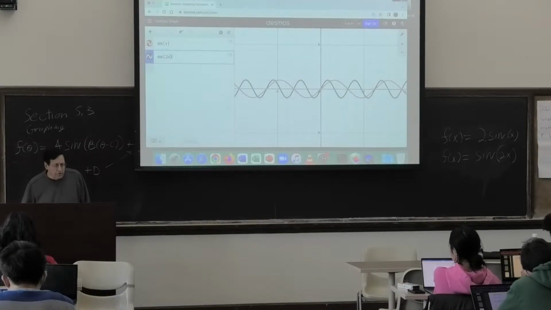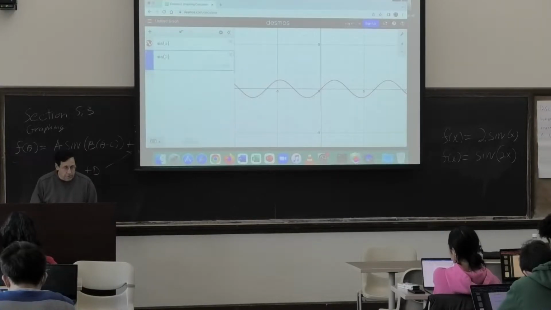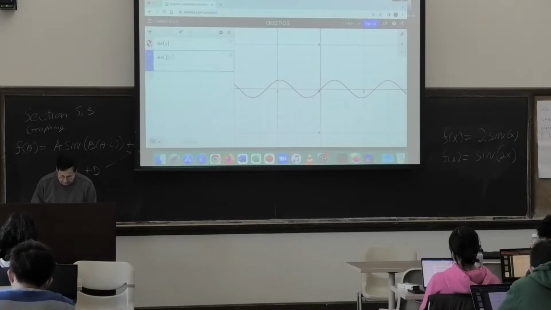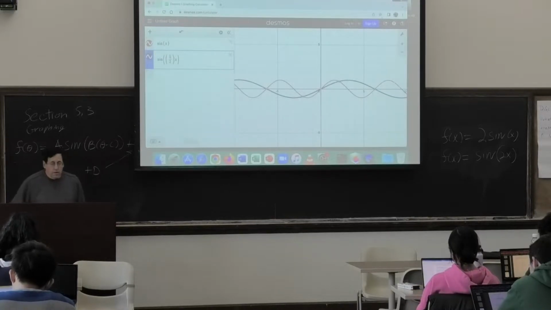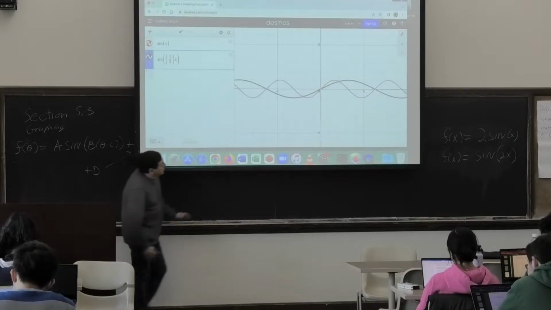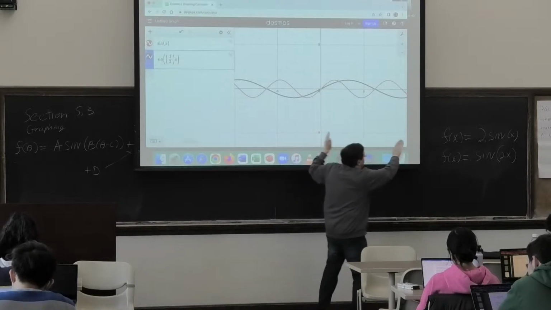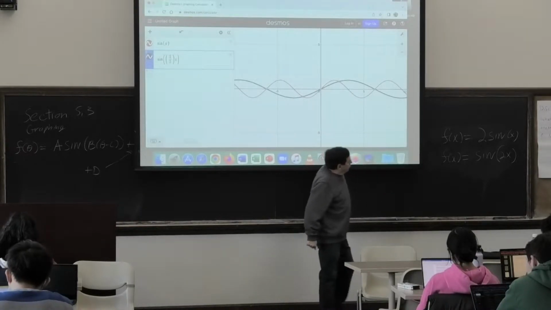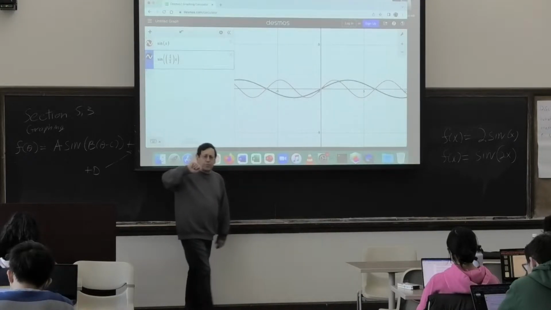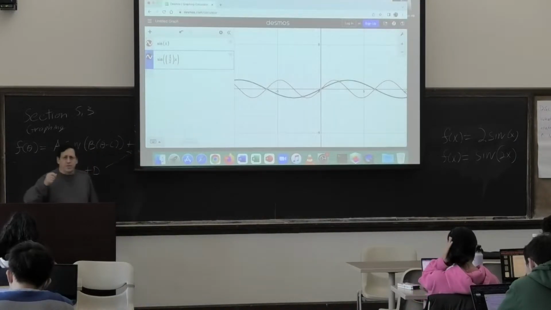Likewise, if I were to decrease this constant, now what have I done? I've stretched it out, I've doubled the period. So there seems to be an inverse relationship between that constant and the period.